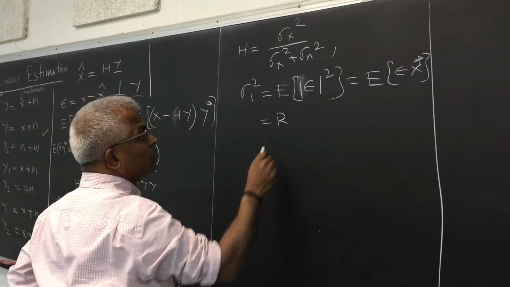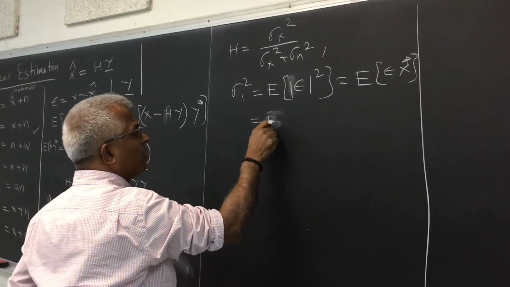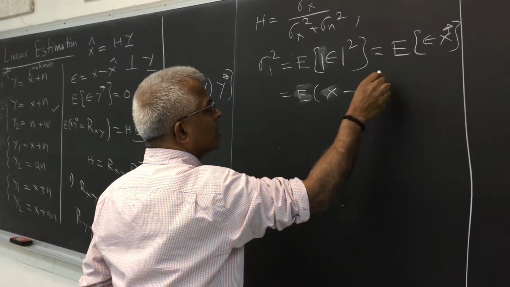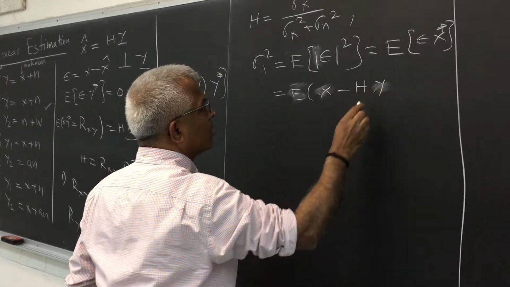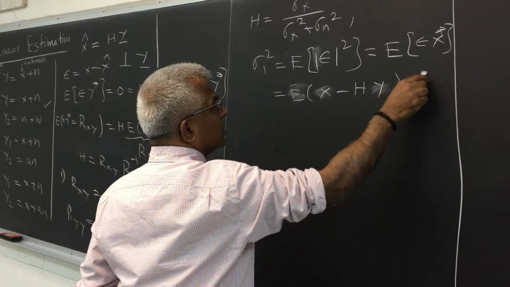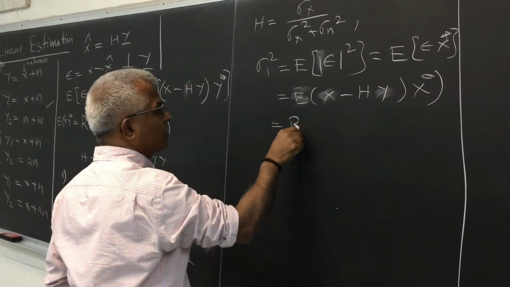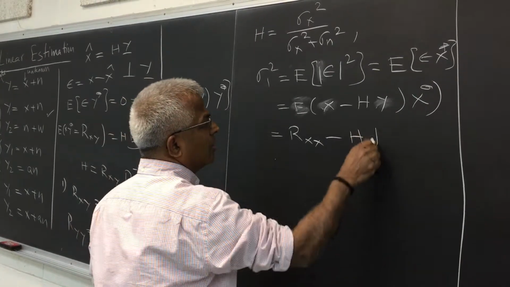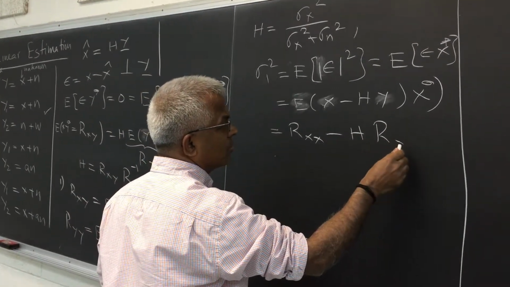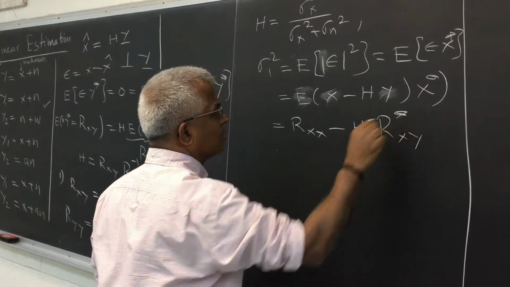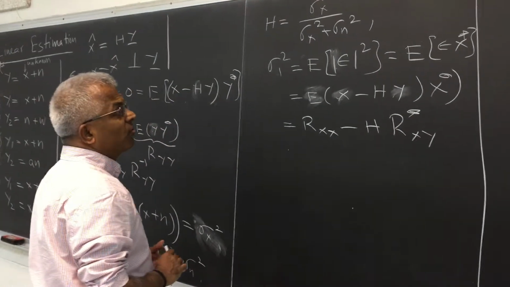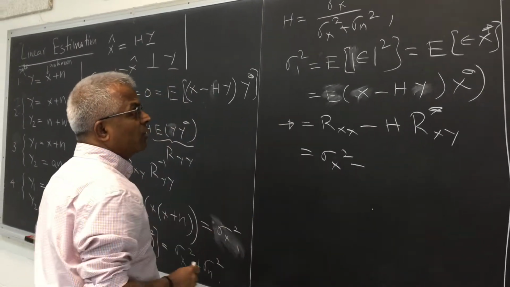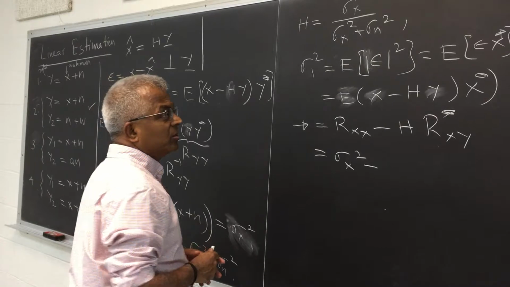This will turn out to be x minus h y, multiplied by x star. So this will turn out to be r xx minus h r yx star, or r xy star. So if you substitute, in this case, this is going to be sigma x. This is the expression we'll be using for all these problems.